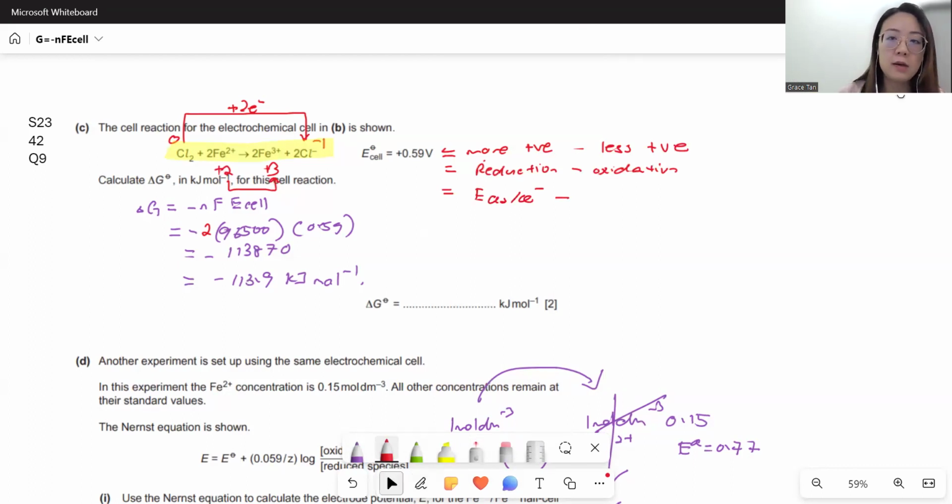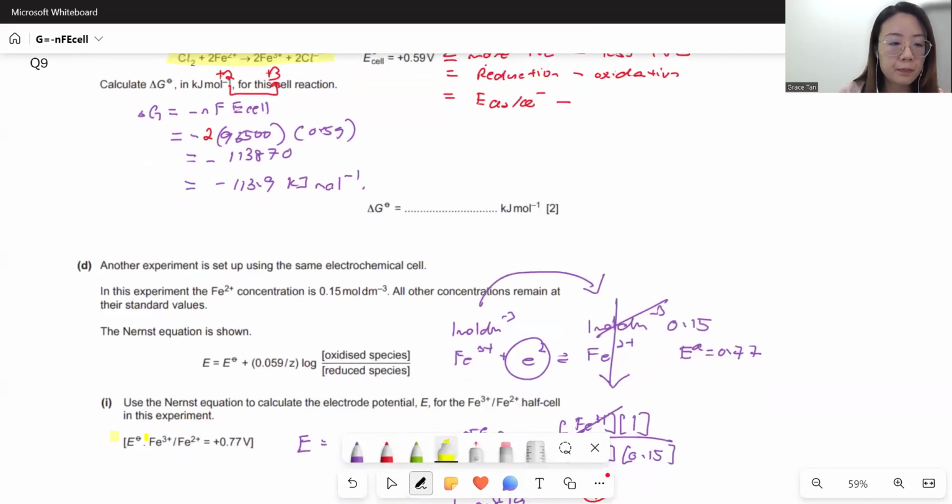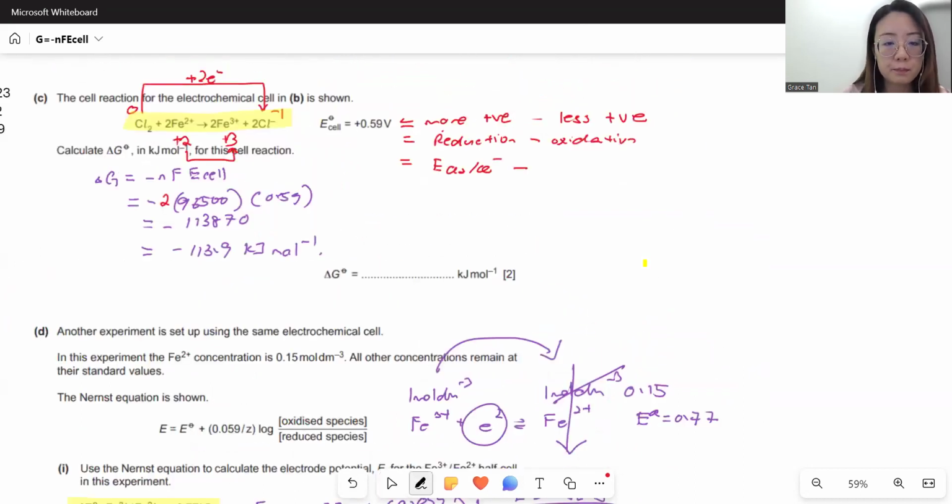Do we have the E value for iron 2, iron 3? It is given down here, which is 0.77. So hence, I can put the 0.77 here. Therefore, we can calculate the E value for the chlorine and chloride now, which is 0.77 minus 0.59.